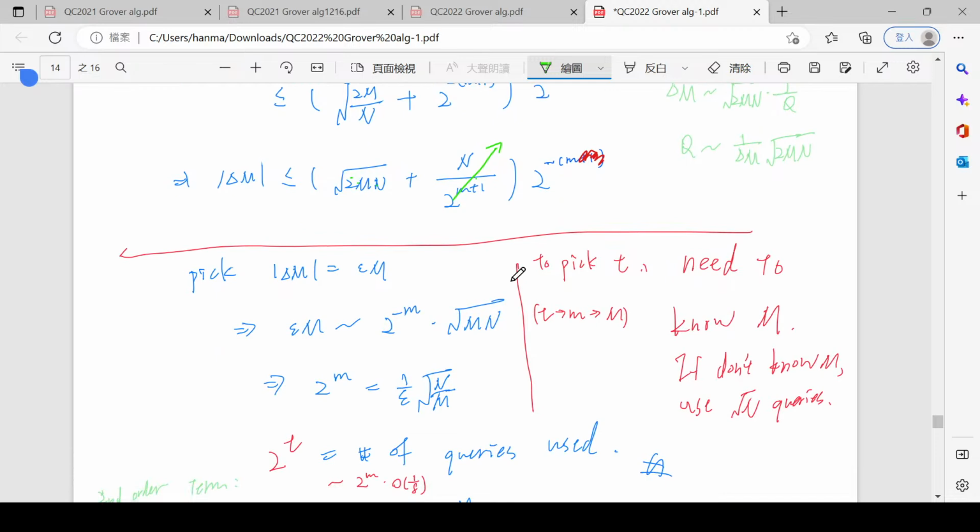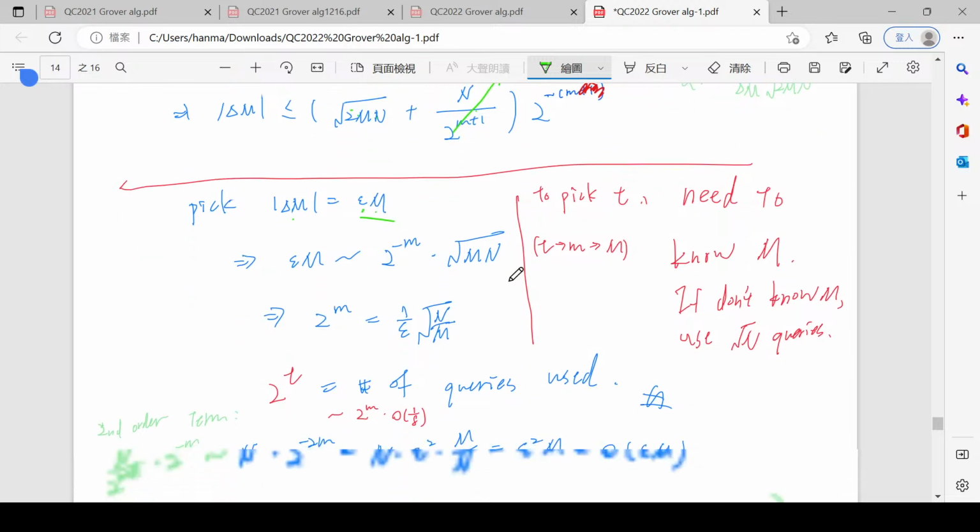Okay, so finally we want to change back to our epsilon. So delta m, as we say, is epsilon times m. And that means epsilon times m is about this 2 to the minus m. So now we are ignoring a constant factor. It's about 2 to the minus m times square root n.